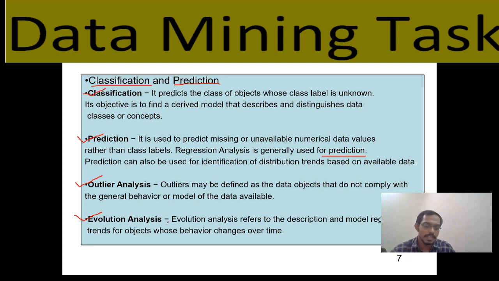Suppose we take one example: slowly, Indian customers are moving to online shopping. So when we go to an online e-commerce site, you can easily identify how the evolution is done, and slowly how the customer is getting involved with the e-commerce site. So we have to use evolution analysis according to the previous history or previous data set.